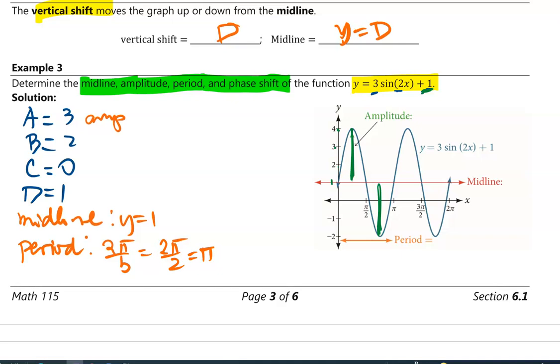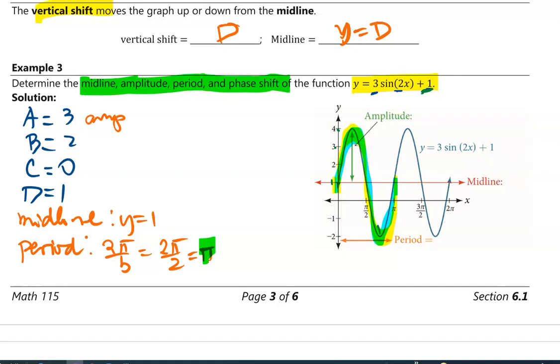And aside from that, the period, it says this is pi. By looking at this graph here, look at this graph from here to here. From here to here, that is one period, from 0 to pi.